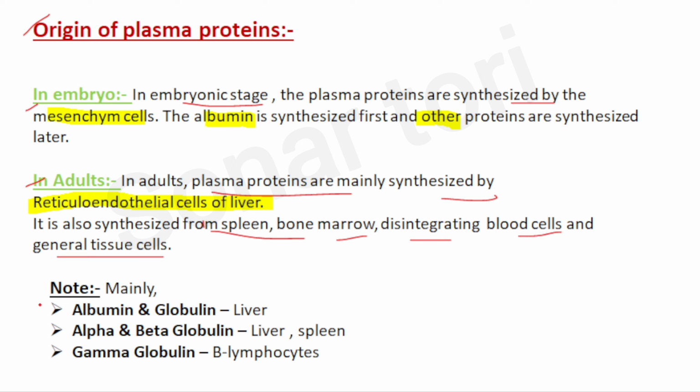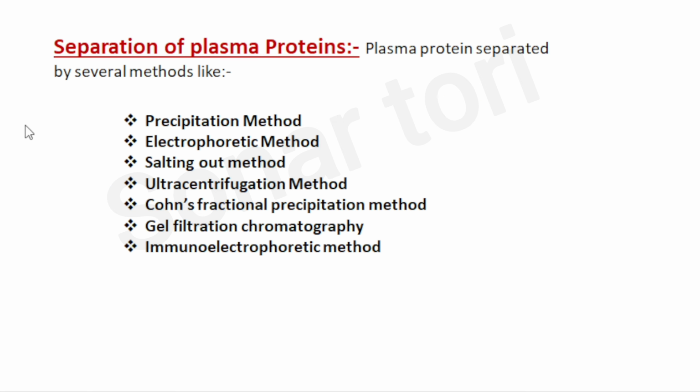Please note that mainly albumin and globulin originate from the liver, alpha and beta globulin originate from the liver and also the spleen, and gamma globulin mainly originates from B lymphocytes.